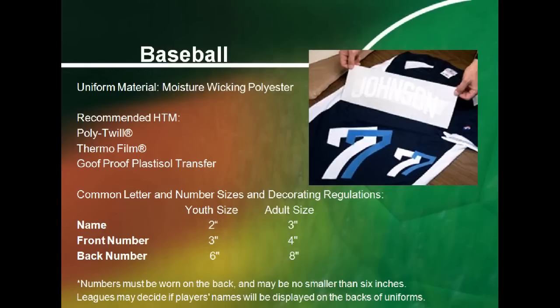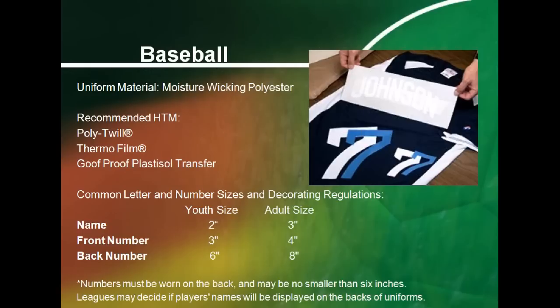Some of the heat transfer materials you definitely want to use: the higher end are decorated with poly twill and sewn. You can also use thermofilm, and goof-proof plastisol transfers are all widely used in the industry to decorate baseball jerseys.